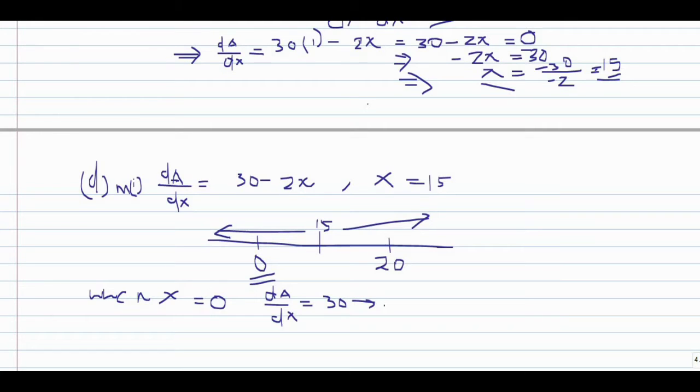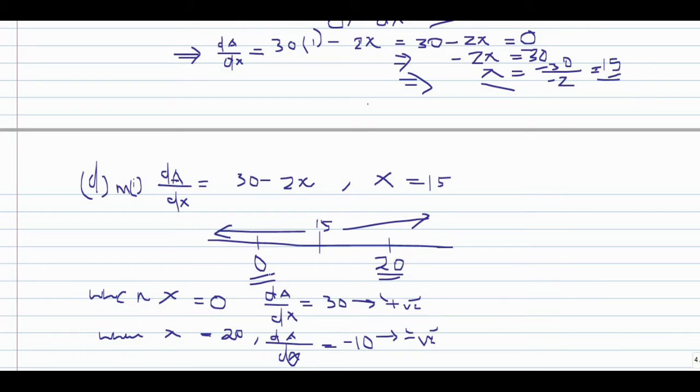30 minus 2 times 0. That is a positive result. And when x is equal to 20, we get dA by dx as 30 minus 2 times 20, that is minus 10, which is negative.